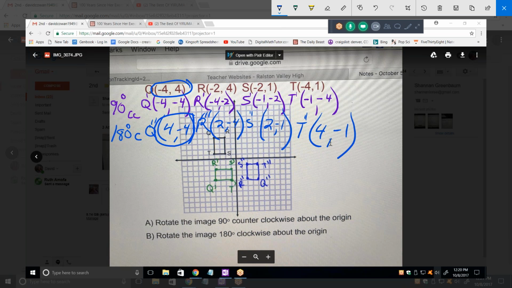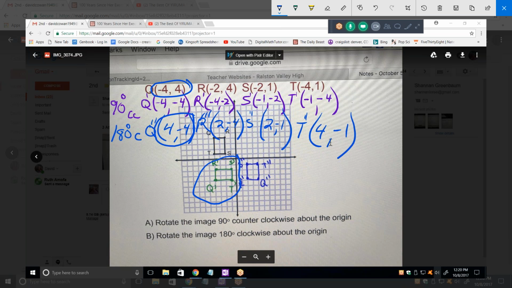Now, what if we had taken the green and rotated it another 90 degrees counterclockwise? What would we have had?